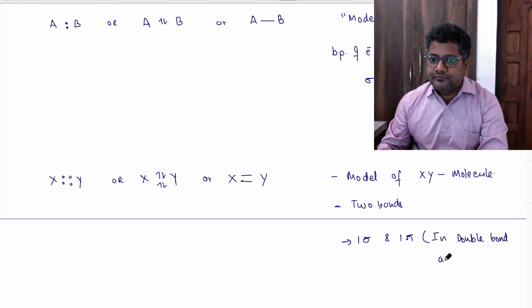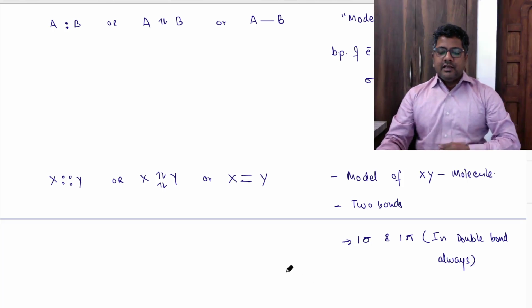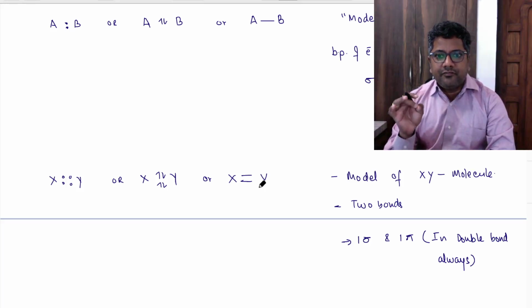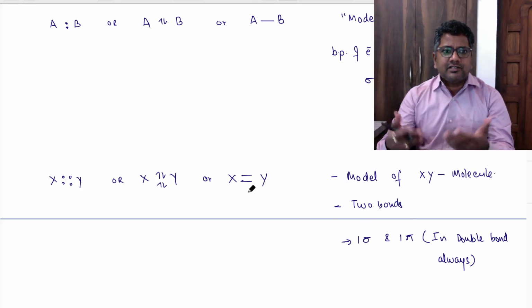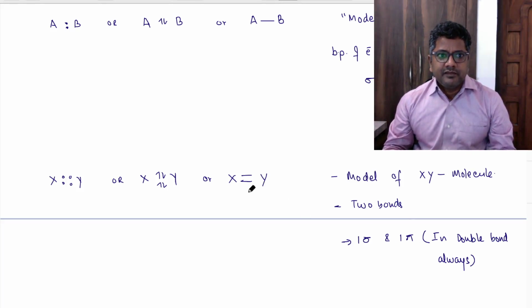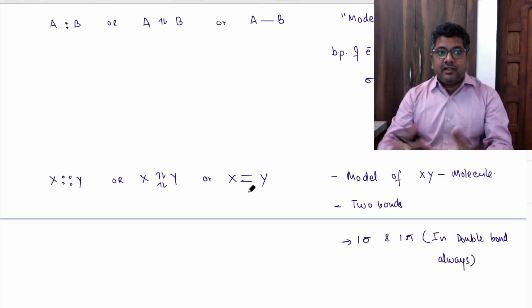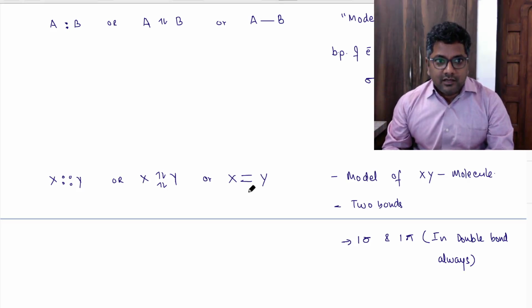Always, right? But with this model, we cannot differentiate between these sigma and pi bonds. It appears like the same bond. This is the reason why we require some advanced visualization of molecules and bonding pattern.